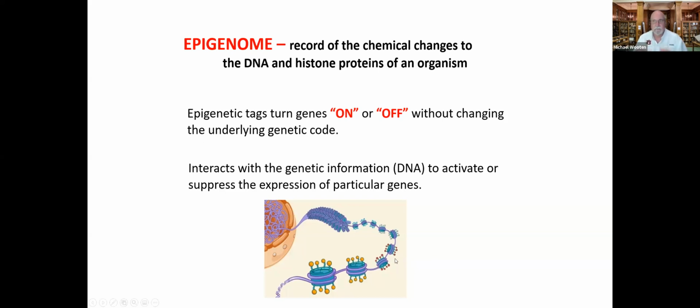A lot of the activity comes from these areas where DNA is wrapped around complexes of histones, and those bind the DNA. If we want to get in to read the DNA structure that's in there, we have to open those up and make it available. If you clamp it down, you can control it or turn it off. If you release it, you can allow it to be open. So, the epigenome.